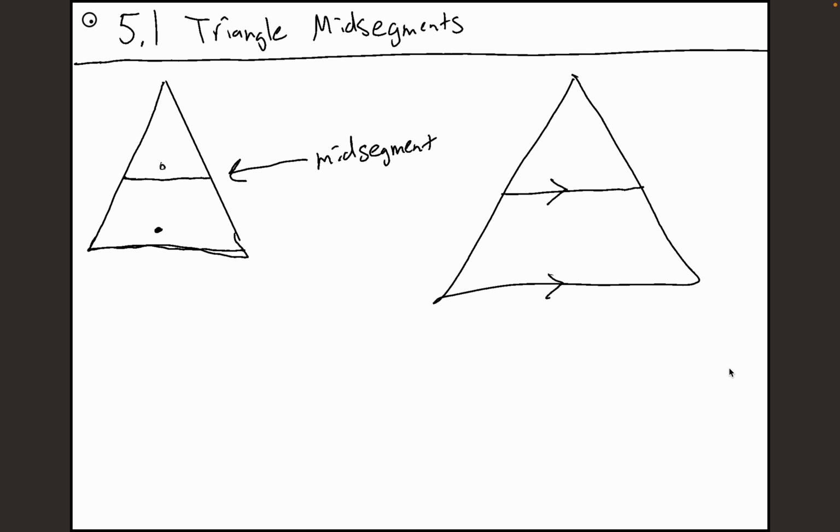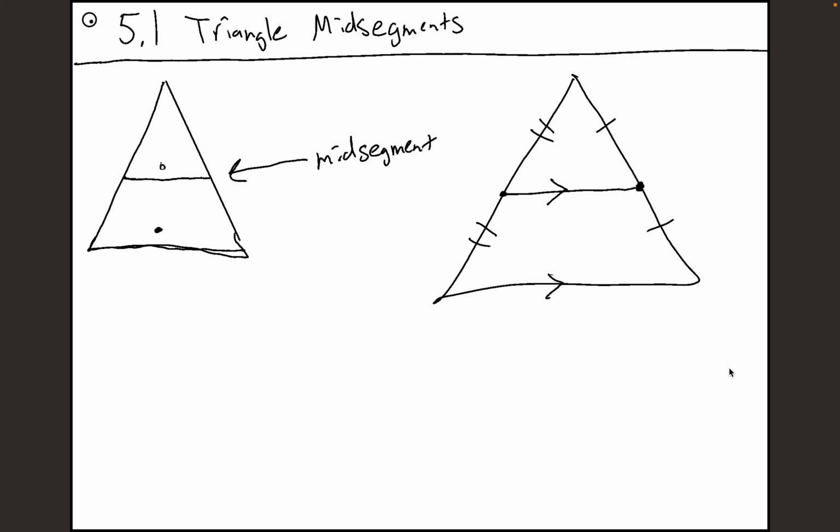Also the thing that tells us about midsegments: the midsegment is going to have two endpoints, and those two endpoints are going to be midpoints. So if these two endpoints are midpoints, that means it's directly in the middle. So these two sides are going to be congruent, and then these two sides are going to be congruent to each other.